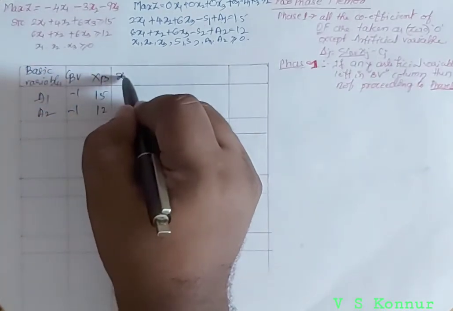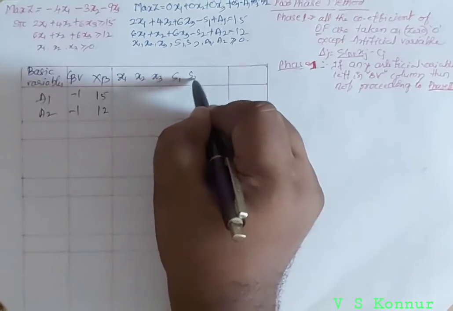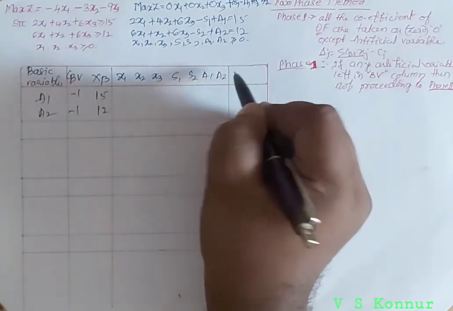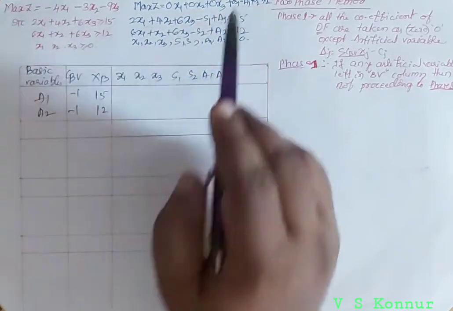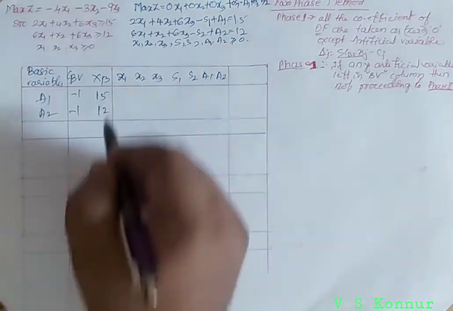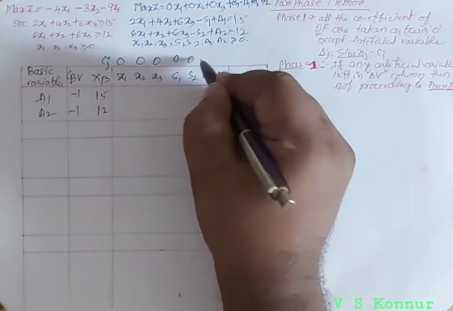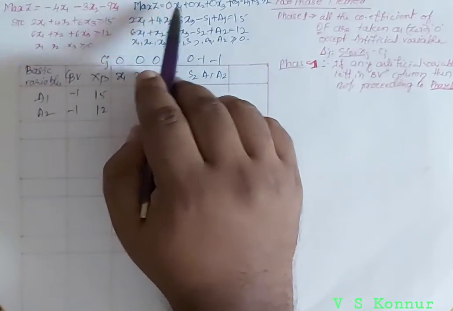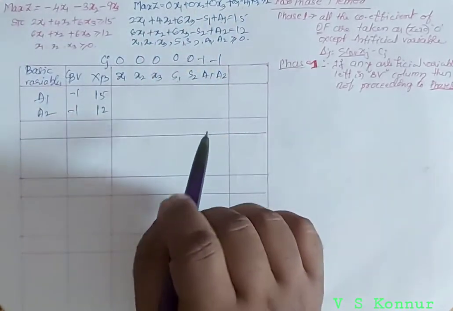Next, it has x1, x2, x3, s1, s2, a1, a2. Now cj, I will write 0, 0, 0, 0, 0, minus 1, minus 1 in the objective function. Only a1 and a2 have minus 1.